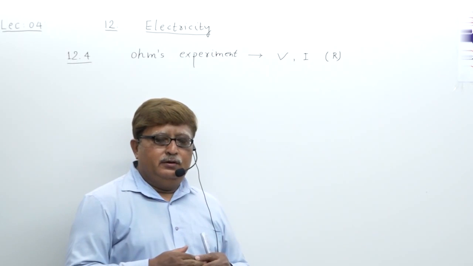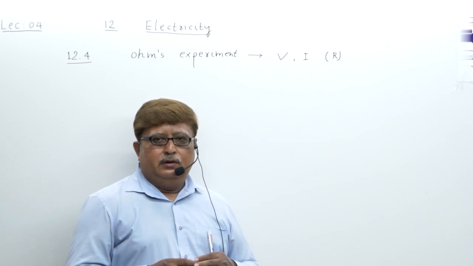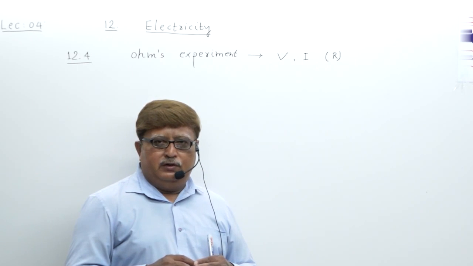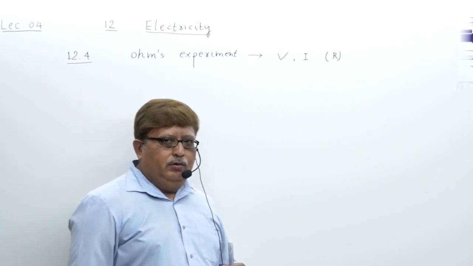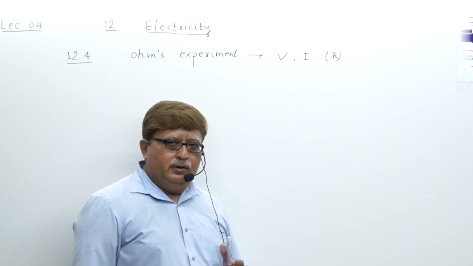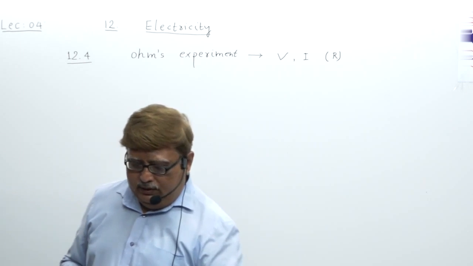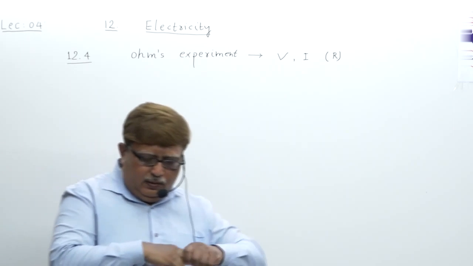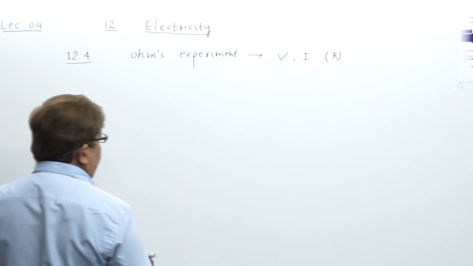Then you require a device which will measure the amount of current passing in the circuit, that is an ammeter. You also require a device which will measure the potential difference across two ends of the resistor, that you all know, a voltmeter. Understand, my dear students? Let us try to understand Ohm's experiment.